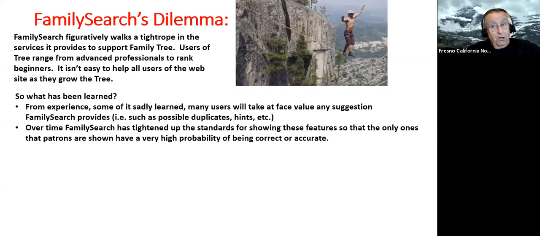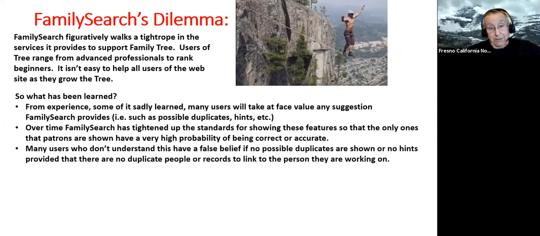Doesn't guarantee they are correct or accurate, but they should be most of the time something you can rely on, but you still need to be careful. The problem then becomes if people see no hints or they see no duplicates, they assume there are no more records for this person, and there's obviously no duplicate people in the system for this person.